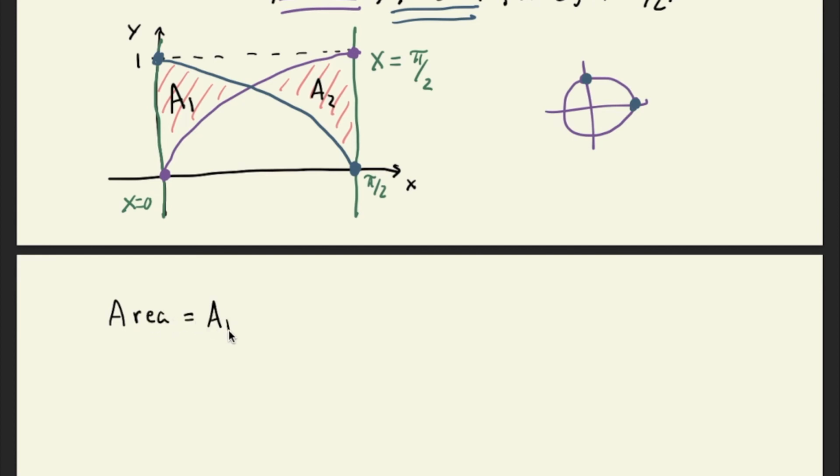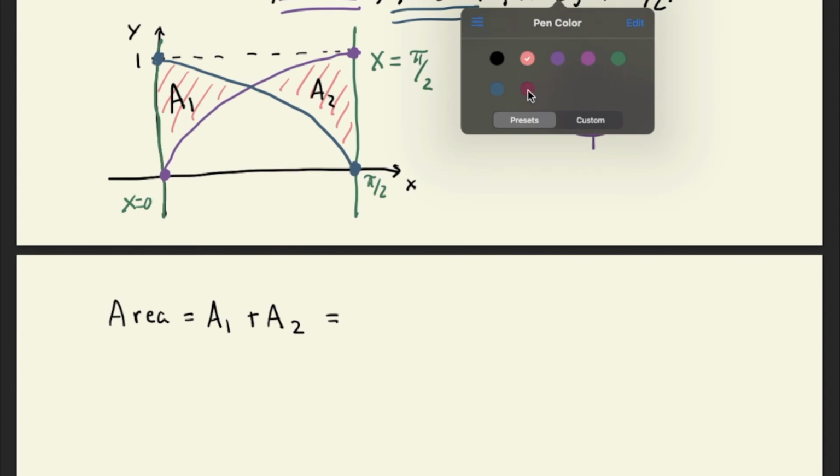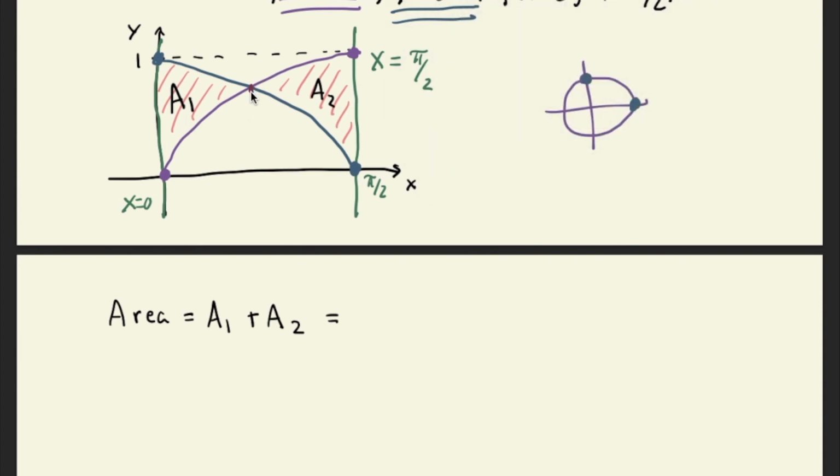The area of the region that we're trying to compute is equal to A1 plus A2. And we need to figure out again what this breaking point here is, because we're going to get a different formula from 0 to b, and then from b to pi over 2.